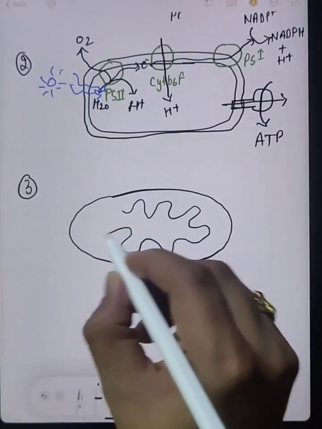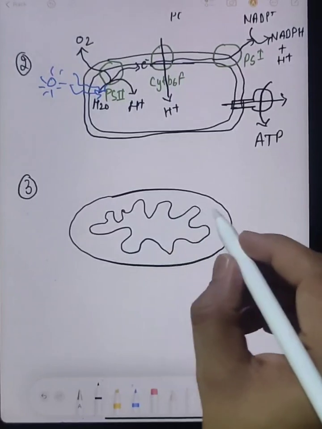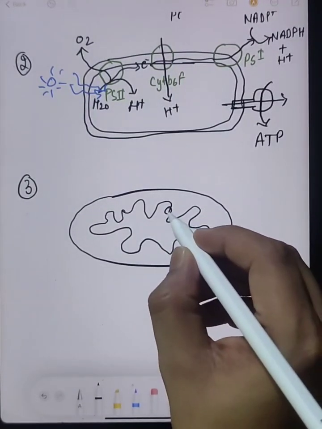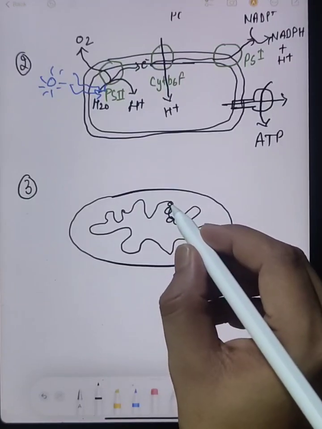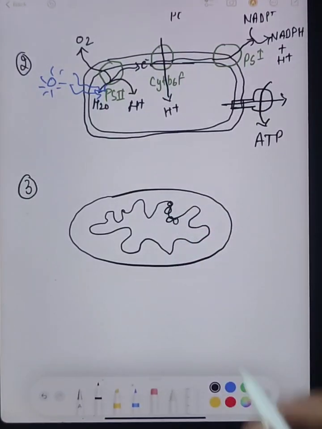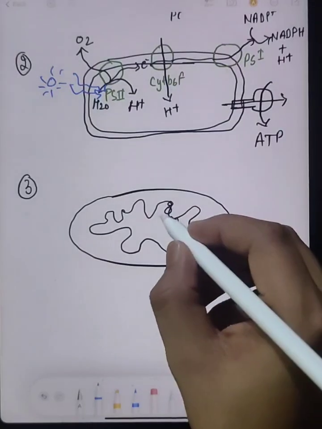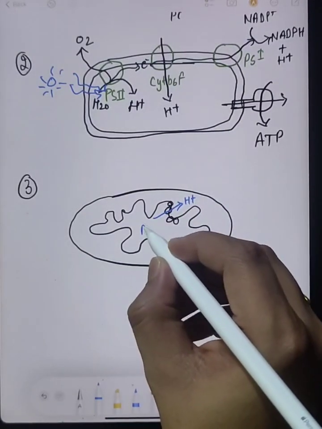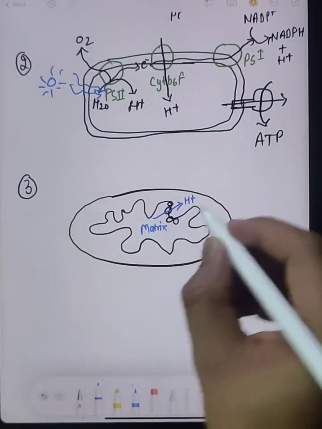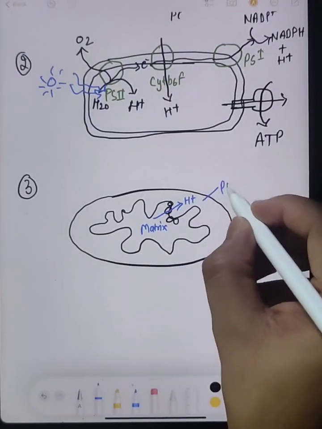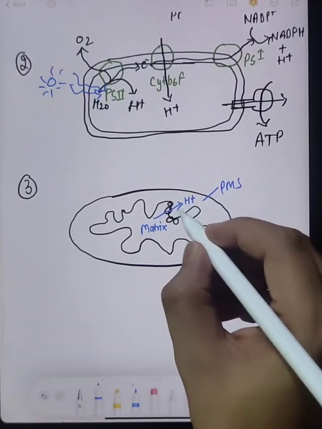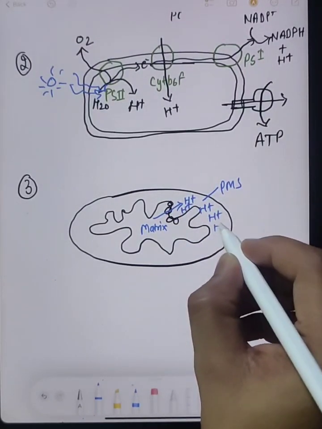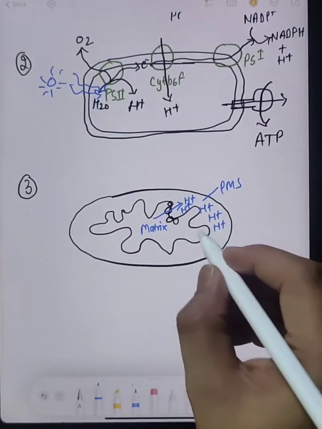that it takes place inside mitochondria. In mitochondria, the inner membrane contains different complexes, at least 4 of them involved in transfer of protons from the matrix, that is the inner part, to the perimitochondrial space. In the perimitochondrial space, these protons get collected in large concentration and create a proton motive force.